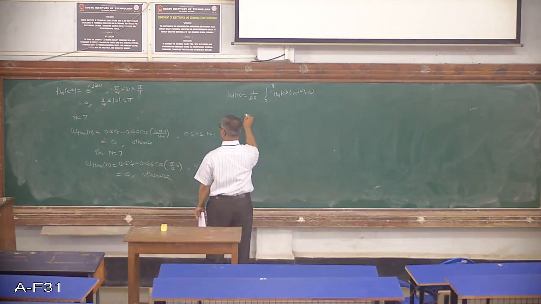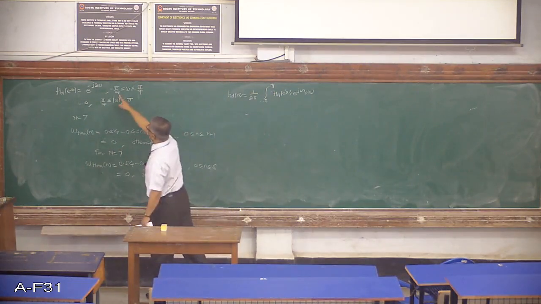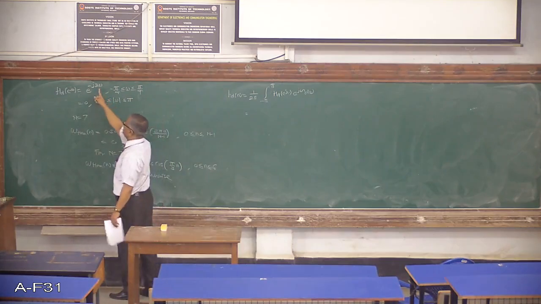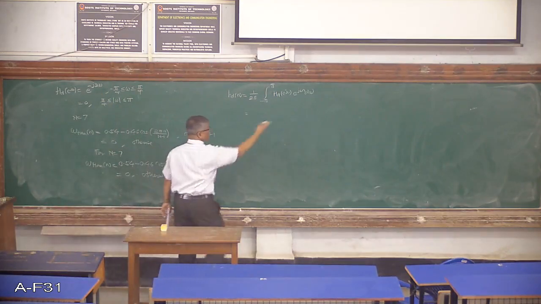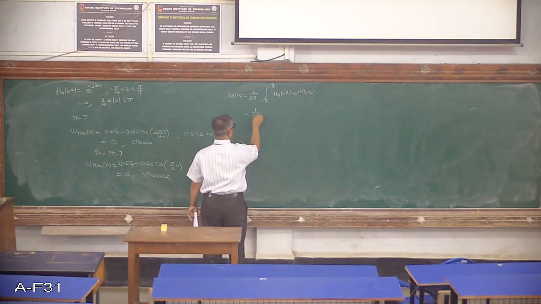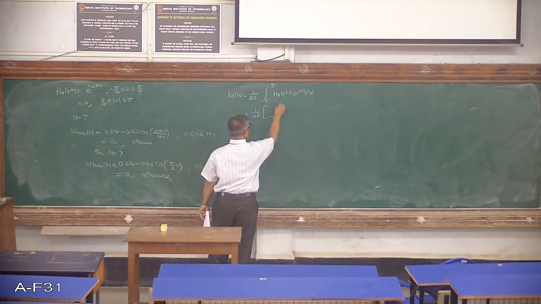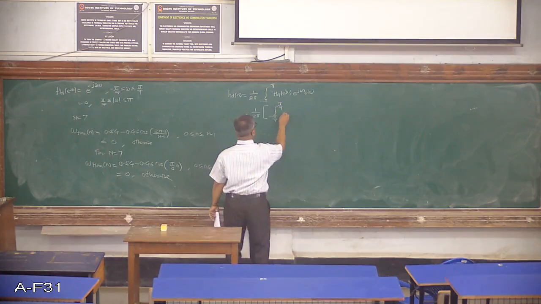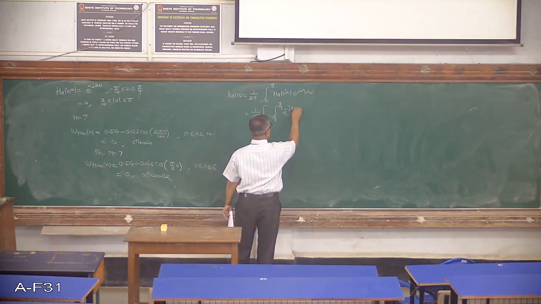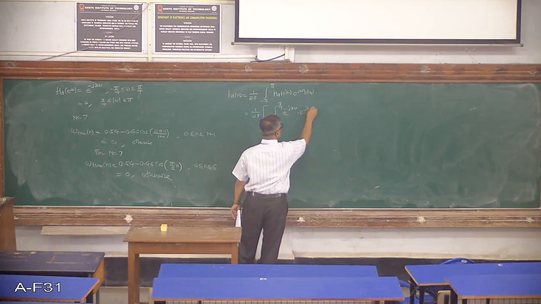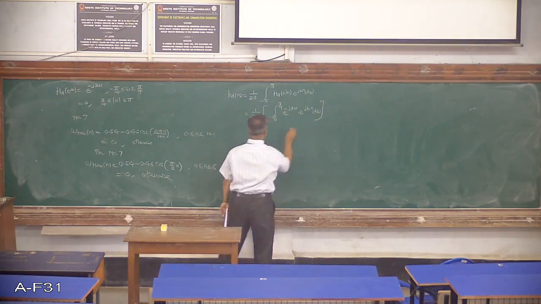Here, as you see, you have to integrate only from minus pi by 4 to pi by 4. Again, the phase response is linear with negative slope, so we need not plot that. It is 1 upon 2 pi, simply integrate from minus pi by 4 to pi by 4 e to the power minus j3 omega into e to the power j omega n d omega. This integration you will have to do.